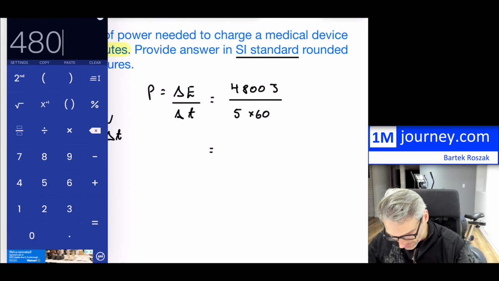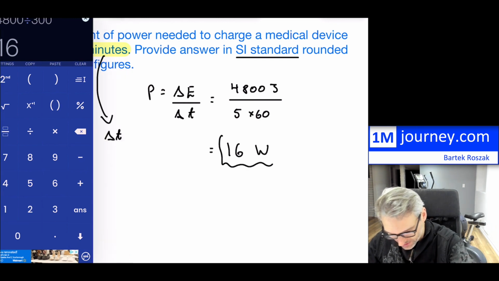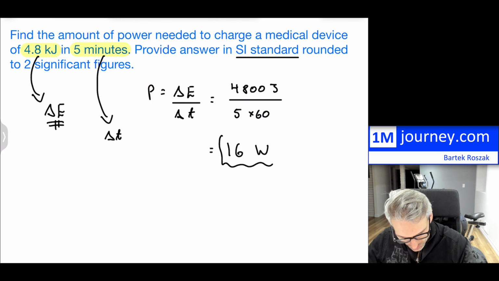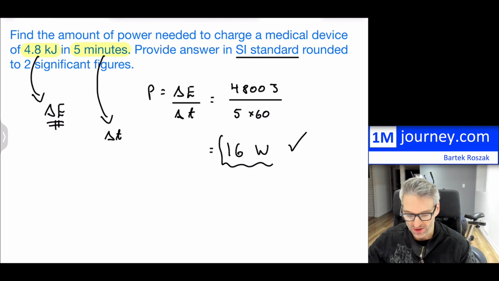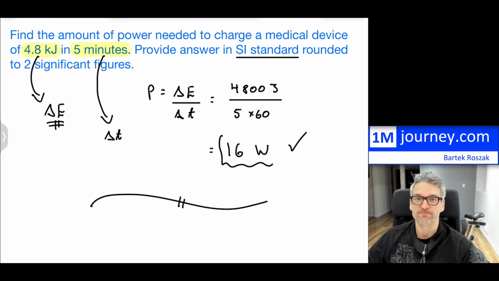So this isn't a very difficult question. So it's going to be 4,800 over 300, and this is 16 watts. Well, this is already 2 significant figures right there, so there's no rounding as well. So this is it. That's the only thing that we would need to do for this particular example.